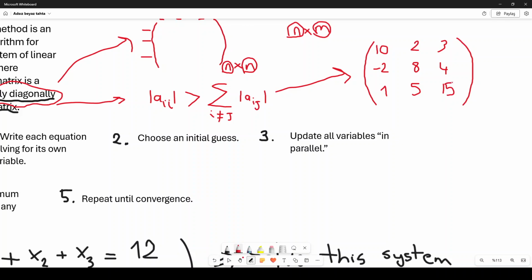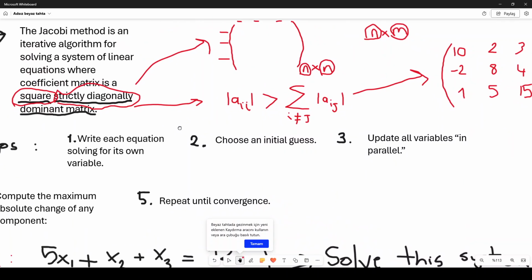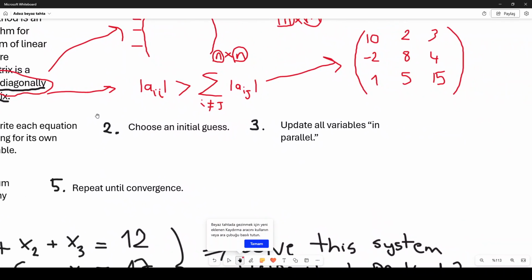Now let's see, is this matrix a strictly diagonally dominant matrix? Let me put it that way clearly.